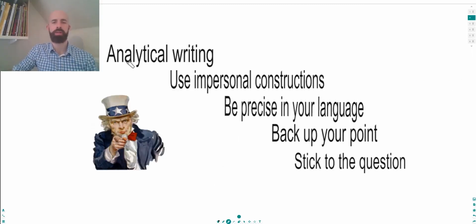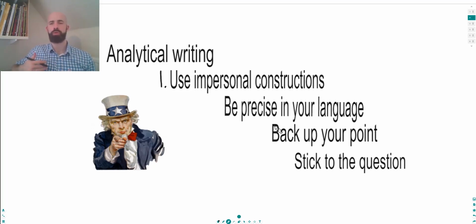Okay, so before we get started, here are a few general guidelines. It's a little bit of a rule book really for analytical writing in general. Rule number one is you want to use impersonal constructions. In your discursive essay, for instance, you're going to be looking at both sides of the argument.